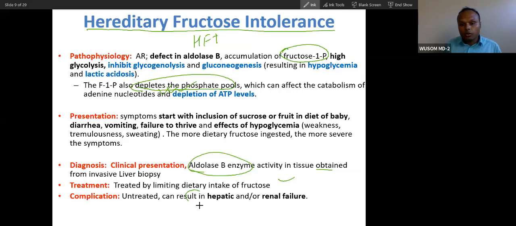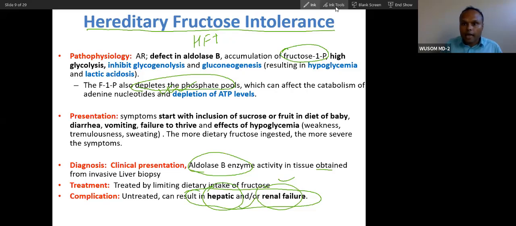Untreated, the patient will be at risk of liver and kidney failure. If the baby is not restricted from fructose, for example in a rural area where diagnosis does not happen, the parents keep giving fructose, and the baby will die of hepatic and renal failure.